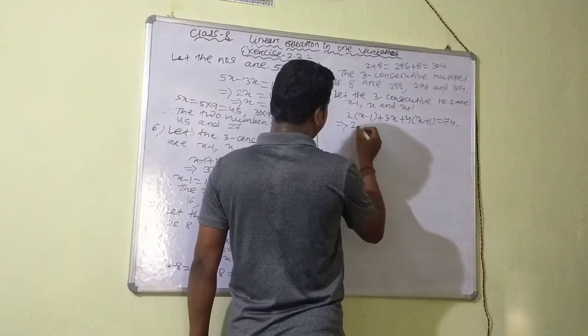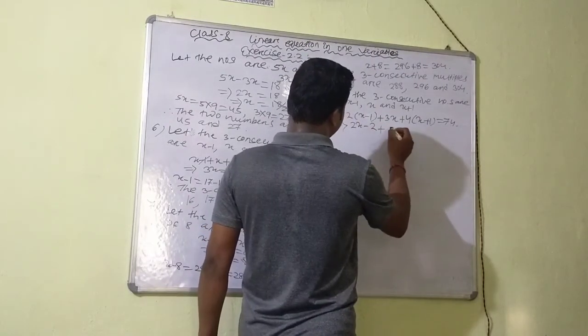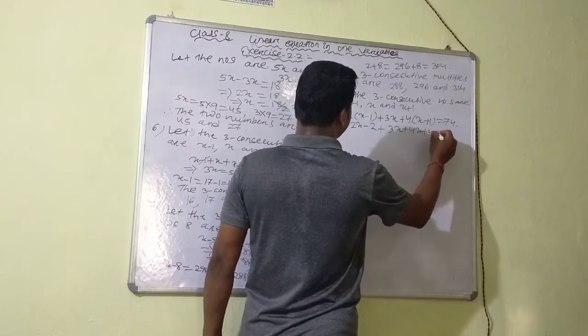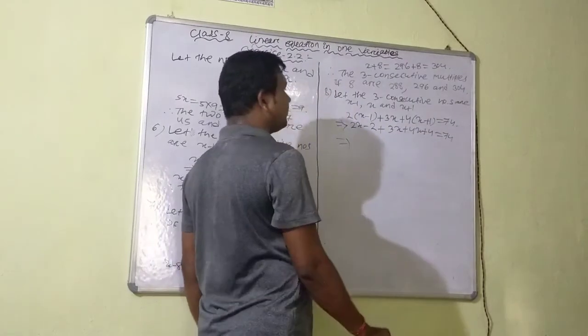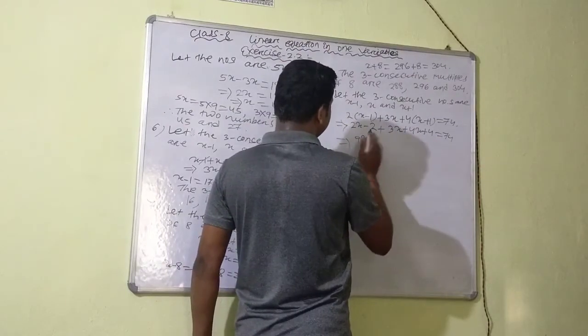2 into x is 2x, minus 2 into 1 is minus 2, plus 3x plus 4x plus 4, equal to 74. Then I will add the variables together. 2x plus 3x is 5x, plus 4x is 9x.